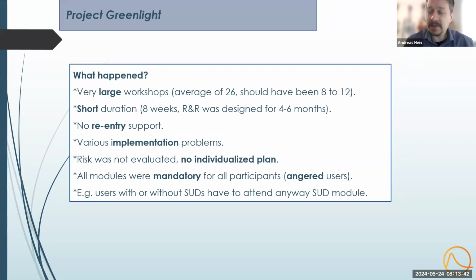And there are a few things that I would like to point out. For example, one thing they did, and this will bring us very rapidly into implementation problems, is they used very large workshops. For example, for Reasoning and Rehabilitation, which is a cognitive behavioral program, instead of using what the developers recommended, a group size of 8 to 12 for each workshop, they crammed together about 26.